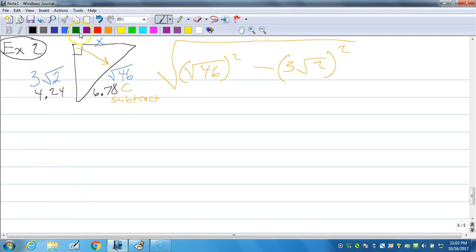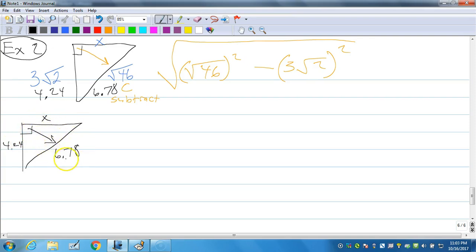And now we can do the exact same thing. Look at the triangle that we did earlier on the other worksheet, where you all had to do 36 questions. All of this is this now. This is 6.78, this is 4.24, and this is x, just like you did before.